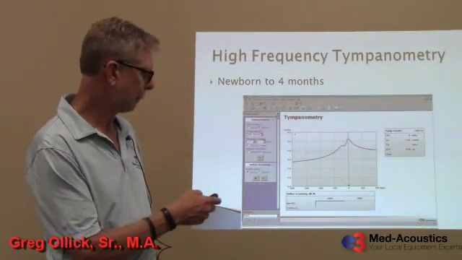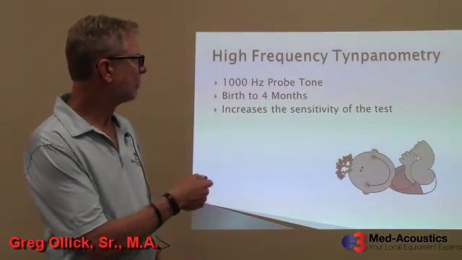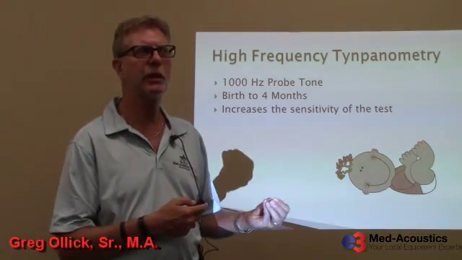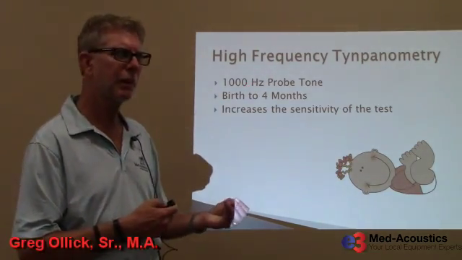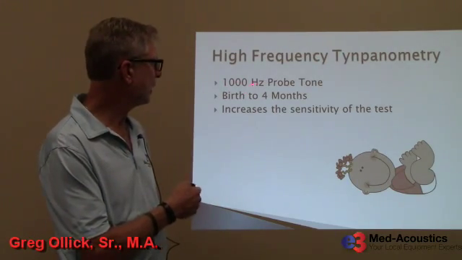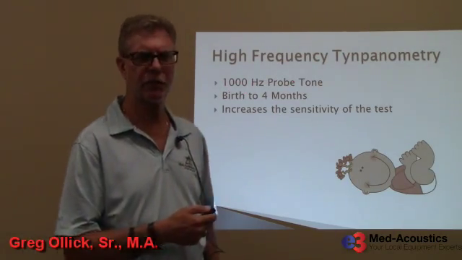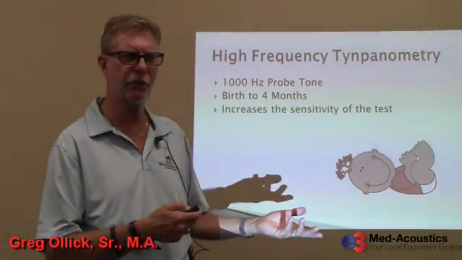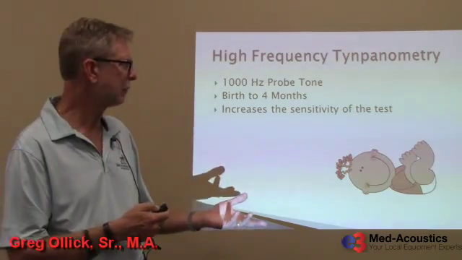On high-frequency tympanometry, instead of using the normal 226 hertz probe tone, which is standard worldwide, we increase the probe tone to 1,000 hertz. We call that high frequency only because it's high relative to 226. It's not really a high frequency.